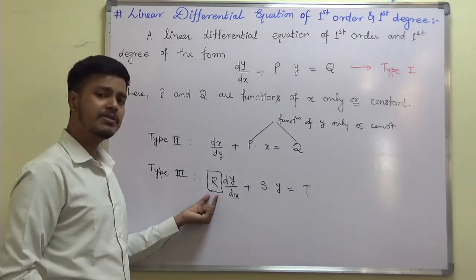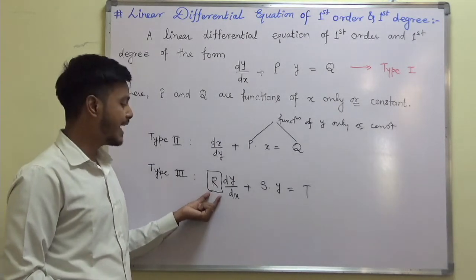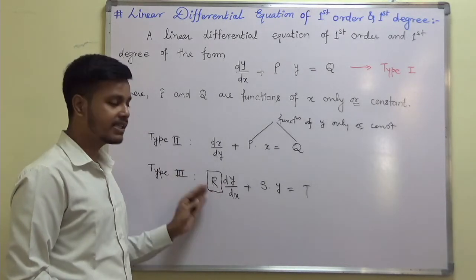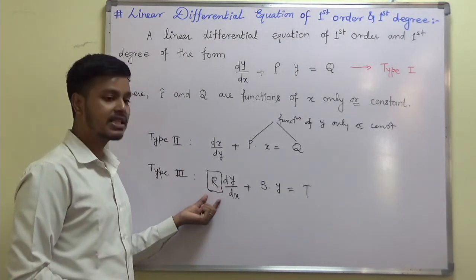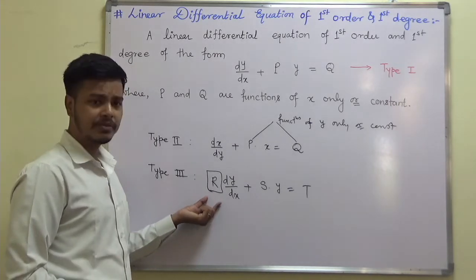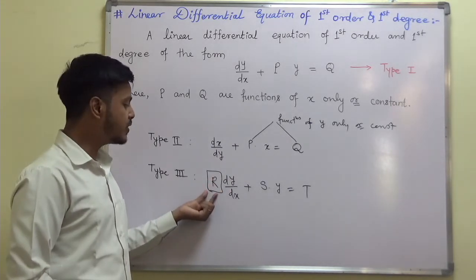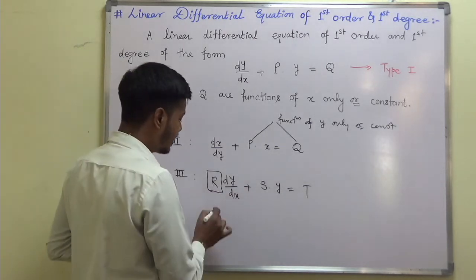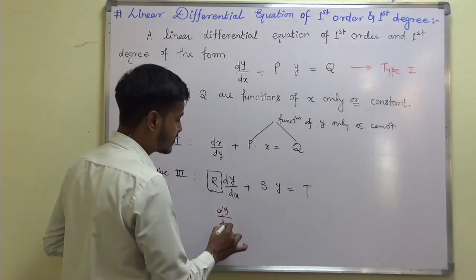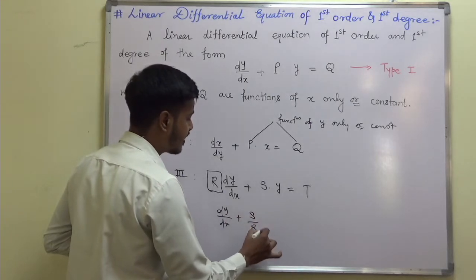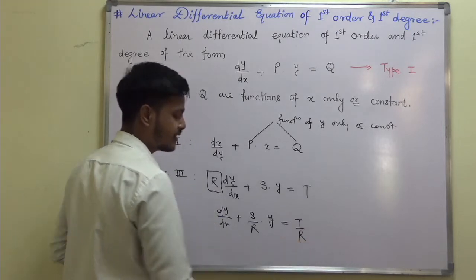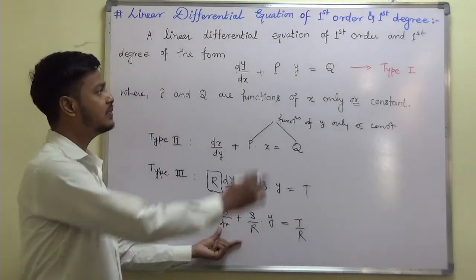Sometimes it may be a function of x in front of dy by dx, so you need to divide by this function. The moment you divide this equation by r, you will get dy by dx plus s by r into y is equal to t by r. Okay, so this is converted into type 1.